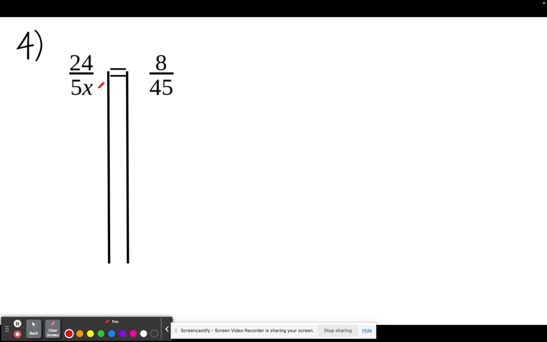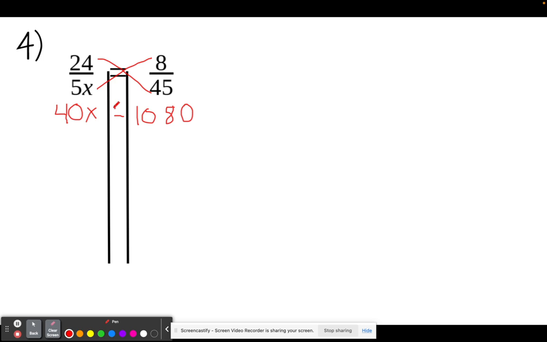Let's try cross products on this one. 8 times 5x gives me 40x. 24 times 45 gives me 1080. Yes, I used a calculator. I didn't know that off the top of my head.